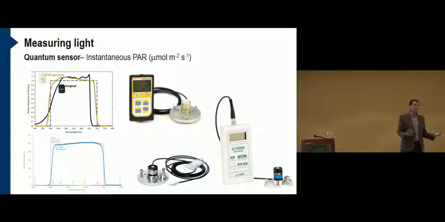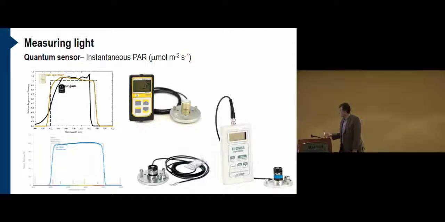But if you're using a light source with a specific wavelength, such as LEDs, then you need to find a quantum sensor that is designed to respond to the whole wavelength between 400 and 700 nanometers.